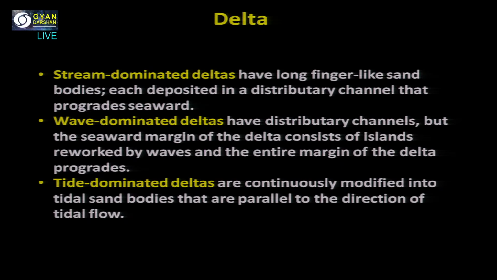In stream dominated deltas, the stream processes are dominant; in wave dominated deltas, the wave processes dominate; and in tide dominated deltas, the tidal processes dominate, and these deltas are continuously modified into tidal sand bodies, which are parallel to the direction of the tidal flows.